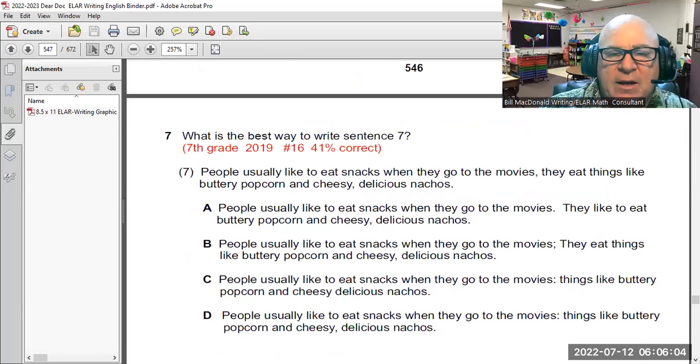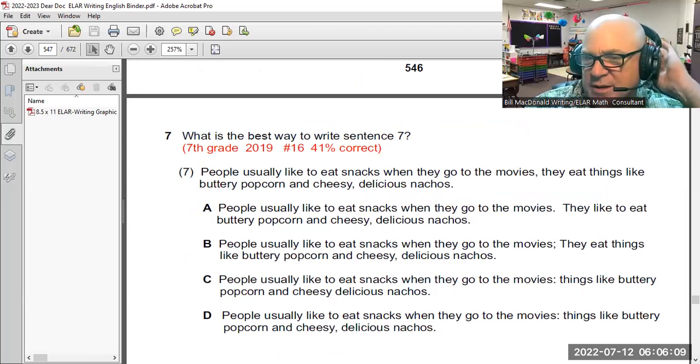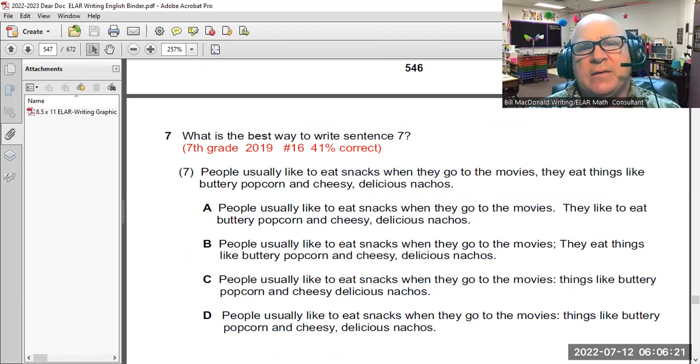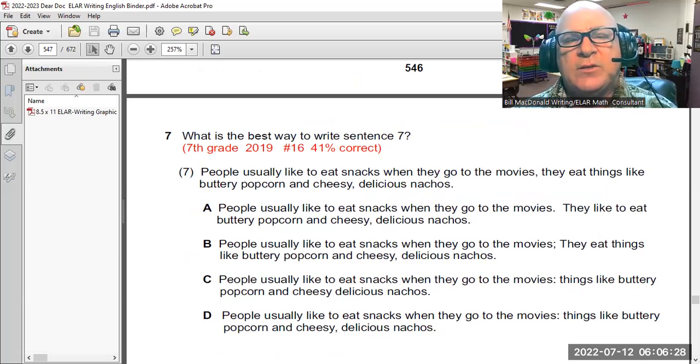So as you can see, for 7th grade, it only got 41%. And I think it had to do with the fact that students in middle school and high school don't practice colons and semicolons very often. It's something you can think about. If your shirt is an independent clause, your pants are another independent clause, you got them from two independent closets.